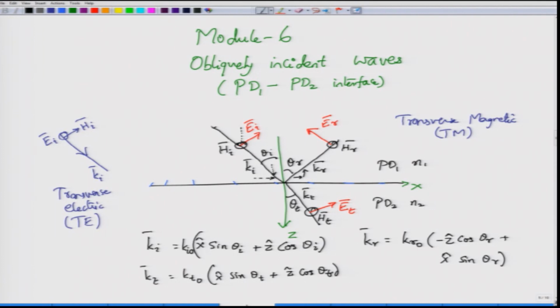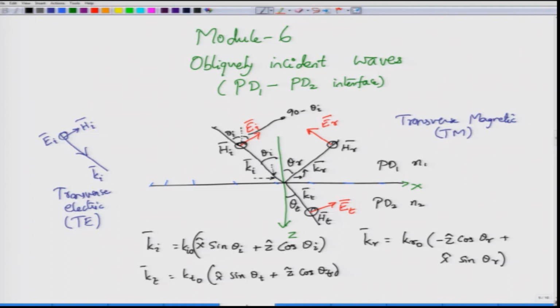I know that this black line is making an angle of theta I, and I also know that the black line is perpendicular to the red line, the direction in which the incident electric field is polarized. Therefore, clearly the angle that the electric field makes with respect to the normal will be 90 minus theta I.